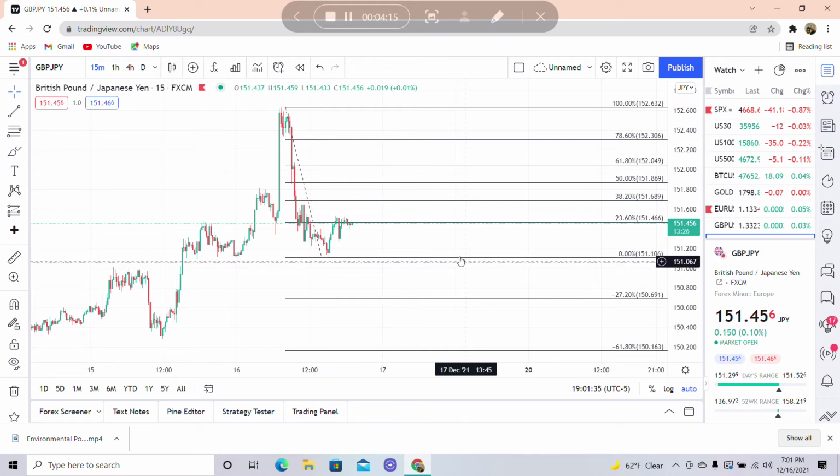This looks to be a pretty strong area, this zero area on the fib that we placed. So look for price to possibly bounce off of that, as we've had multiple touches at this area before. So just a couple of things to look at for some possible trade setups for tomorrow or going into our Friday trading session if you're looking at GJ.